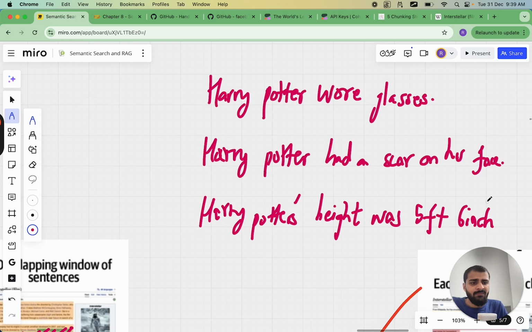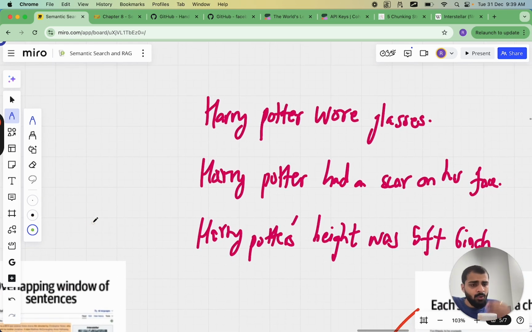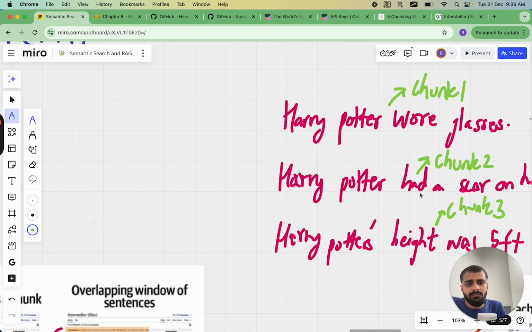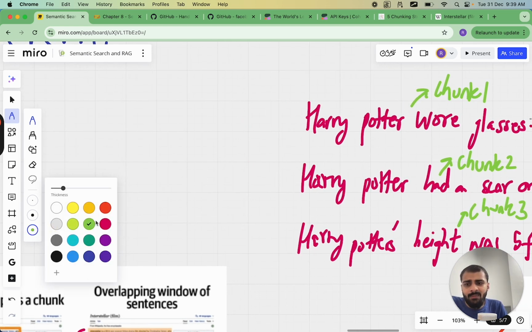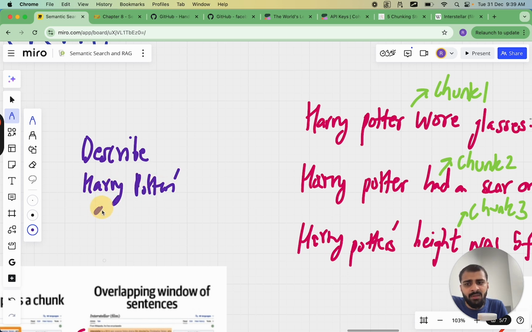Now let's say these three are my documents, and in case 1 I've encoded them as separate chunks. So this is chunk 1, this is chunk 2, and this is chunk number 3. And the query which I am asking is, how was, or describe, Harry Potter's appearance.